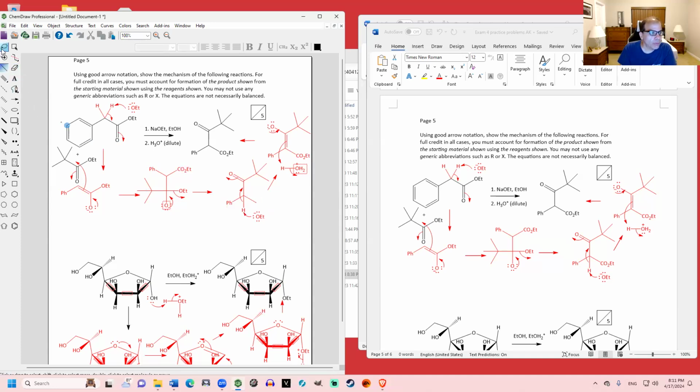And I'm trying to avoid, wait a minute. Oh, I see, I turned it over for some reason. Let me just draw out the ester group.